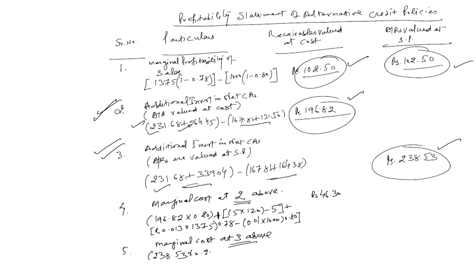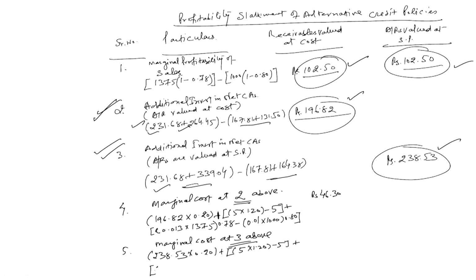So, multiplying by 20%. And another is going to be the cost of collection. Cost of collection is 5 into 1.2 again, minus 5 which was existing. So, it will increase by 20%. So, minus 5, and then you add here the bad debt losses.